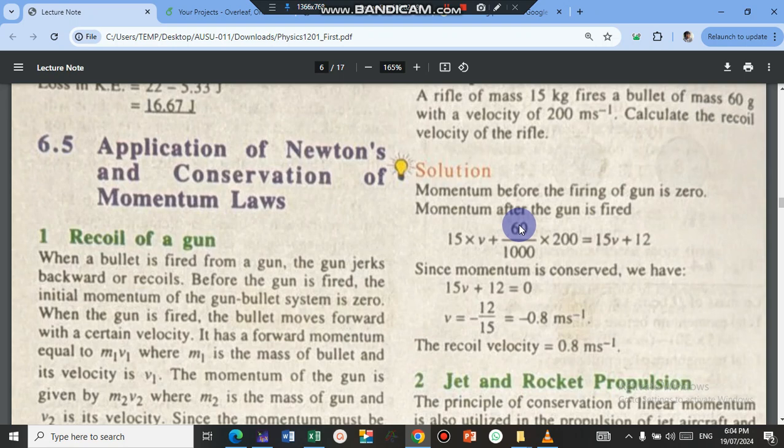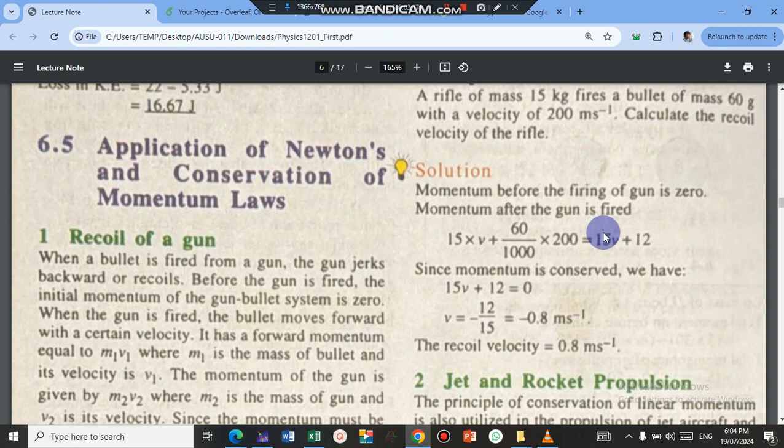If you take your calculator and say 60 times 200, the answer you obtain divided by 1000 will give you 12. So it means now you can say 15 times V, it will be 15V plus 12. This is the total momentum of the system after firing.